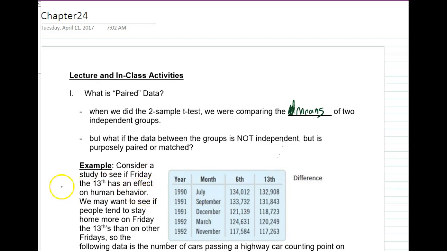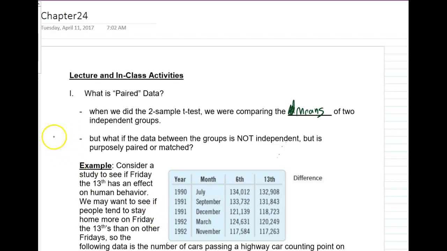So in this example here, consider a study to see if Friday the 13th has an effect on human behavior. And in this example, what we did is we wanted to see if people tend to stay home more on Friday the 13th than on other Fridays.